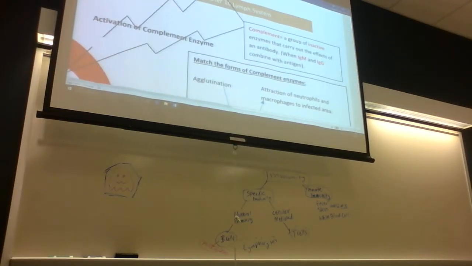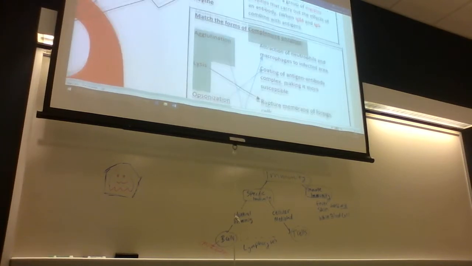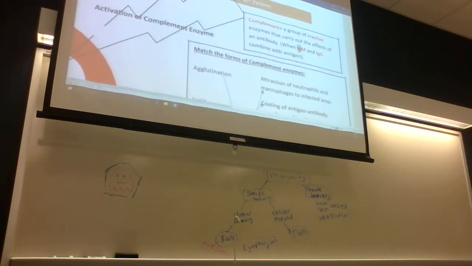We went over it. So complement is a group of inactive enzymes that carry out effects of an antibody. So the effects of an antibody are then listed in this graph down here. We don't need to worry about that. But in order to activate complement, you need IgM and IgG.